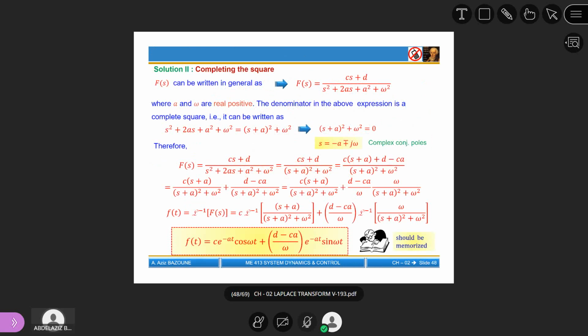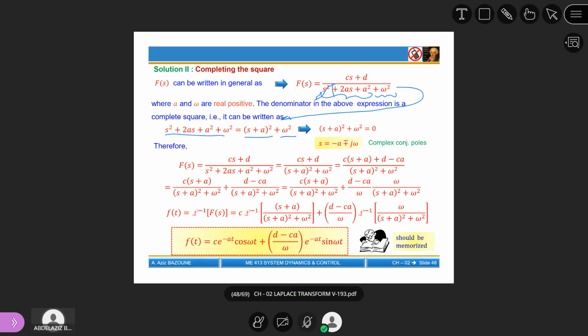If the denominator can be written in the form s squared plus 2as plus a squared plus omega squared, we can write it as s plus a the whole squared plus omega squared.